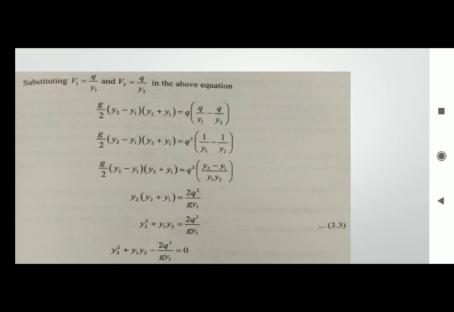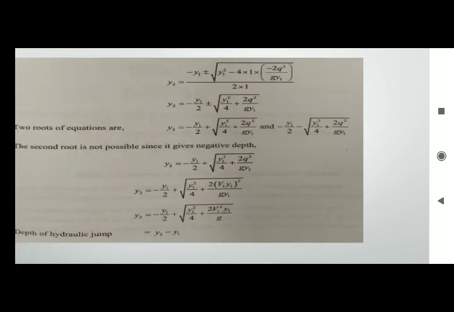For this quadratic equation, the solution will be minus b plus or minus root of b square minus 4ac, divided by 2 times a. Applying that and solving, I get the final derivation: y2 is equal to minus y1 by 2 plus root of y1 square divided by 4 plus 2 v1 square y1 divided by g.